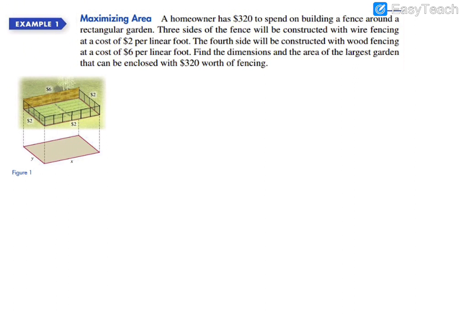The fourth side will be constructed with wood fencing at a cost of $6 per linear foot. Find the dimensions and the area of the largest garden that can be enclosed with $320 worth of fencing.